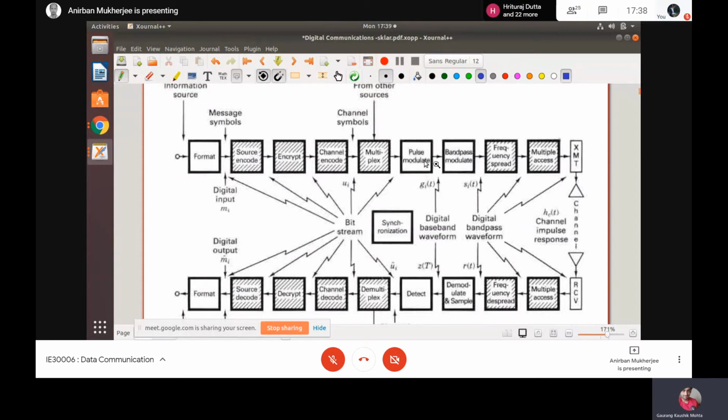Till now we have been talking about pulse modulate, if you can remember, that is pulse modulate, and this demodulate.